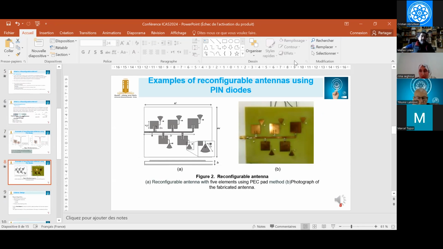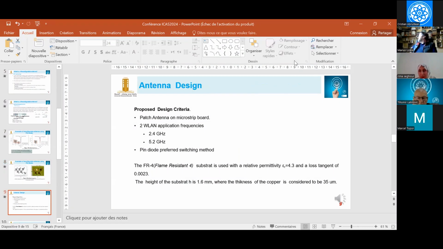Now let me move into antenna design. The proposed antenna is designed on a low-cost substrate, which has a relative permittivity epsilon R of 4.3. We made the patch and the ground from copper.